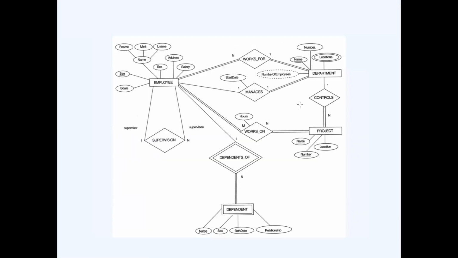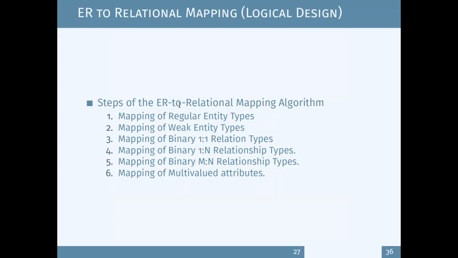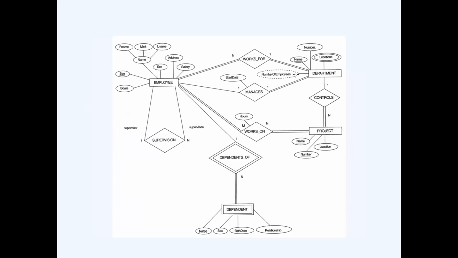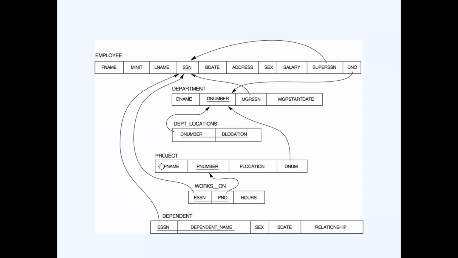Then we look for one-to-many relations. The first one is department: you will have many employees. So the department number we have to put on the employee side, to make that connection. Similarly, department controls many projects, so on the project side you can see the department number.